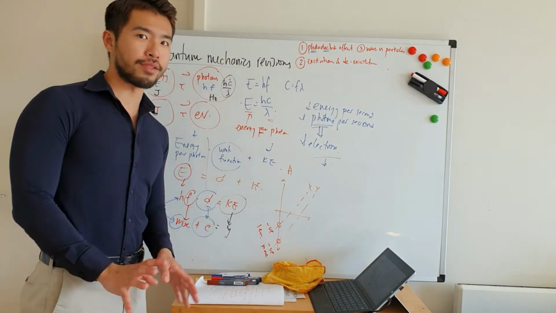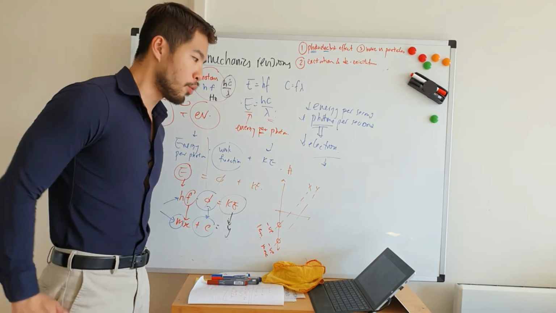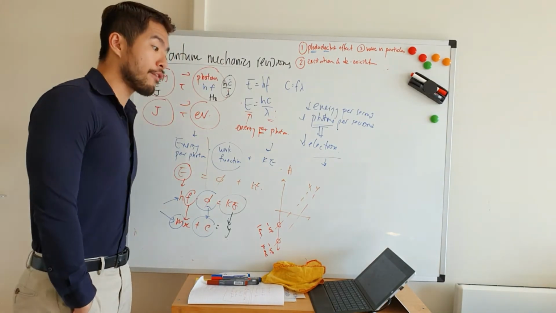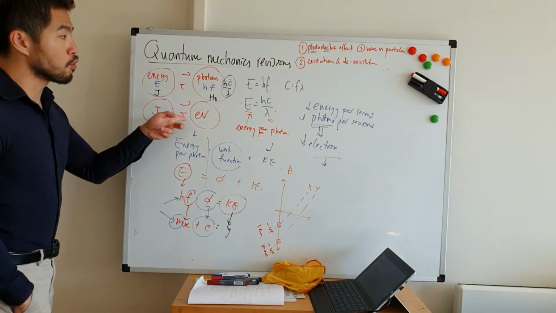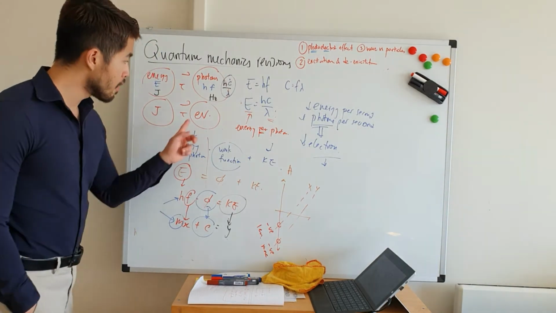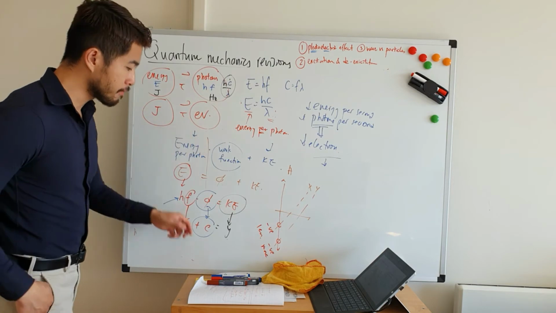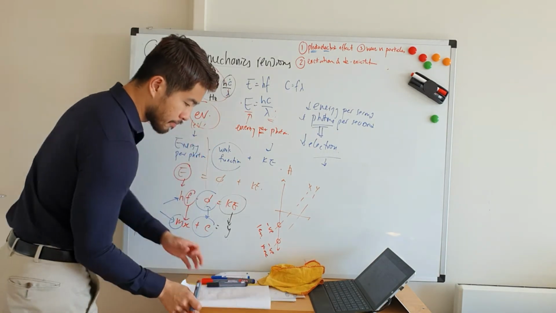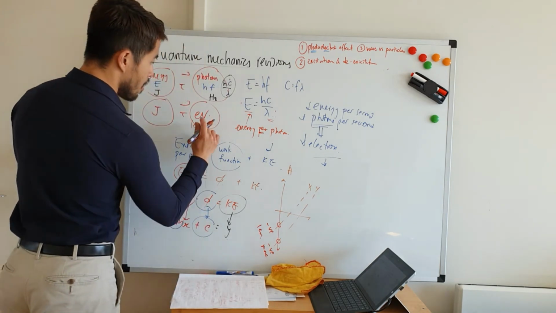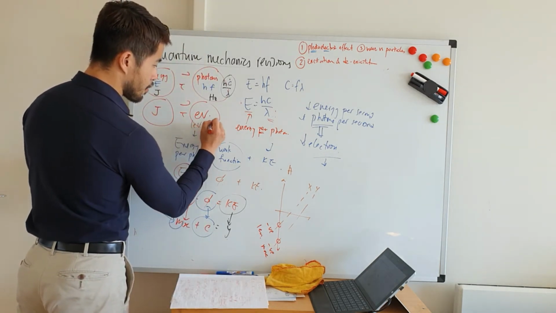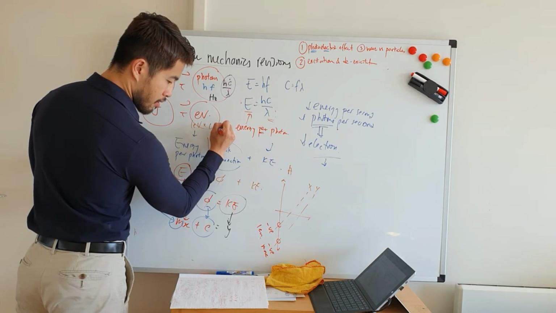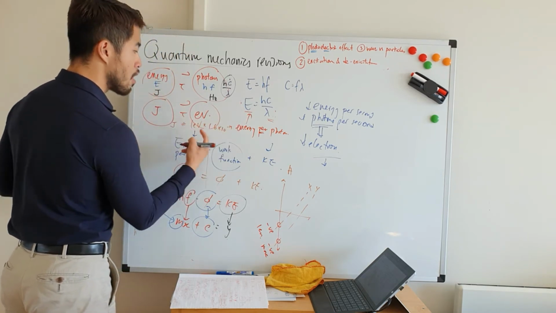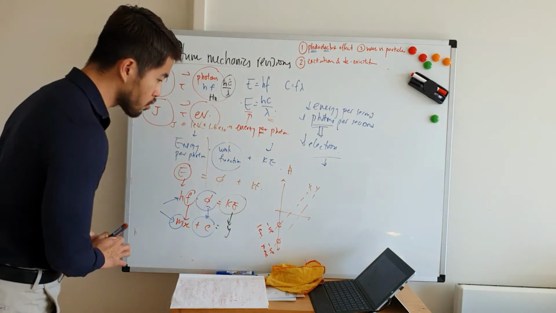Question 4 is the tricky one that I really want to do with you. So try question 4 first. I'll give you a hint. You need to turn joules into eV. How? One eV times 1.6 times 10 to the power of negative 19 will equal joules.